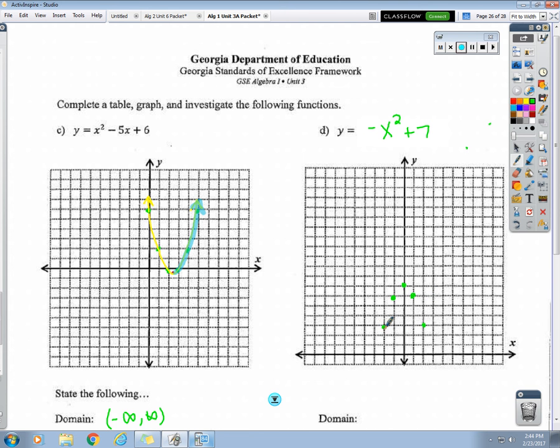Okay? So then we can draw our parabola. It opens down because of the negative. It shifted up 7 because of the plus 7. And it didn't shift left or right. Okay? That's why it looked different than all the other ones we've been doing, because there was no horizontal shift.